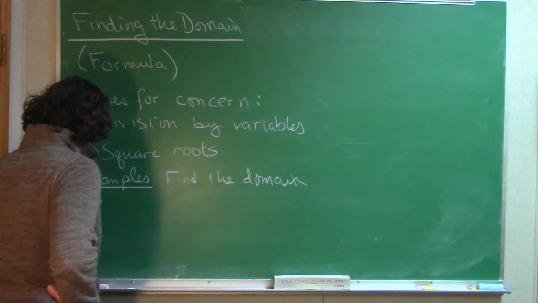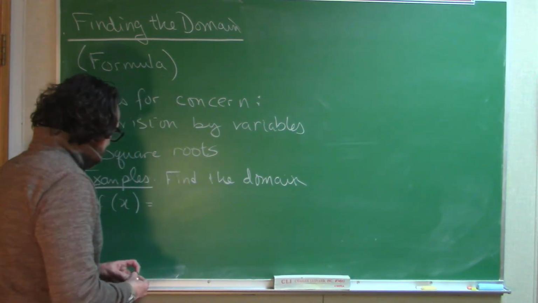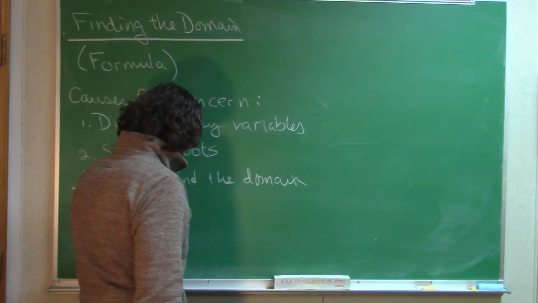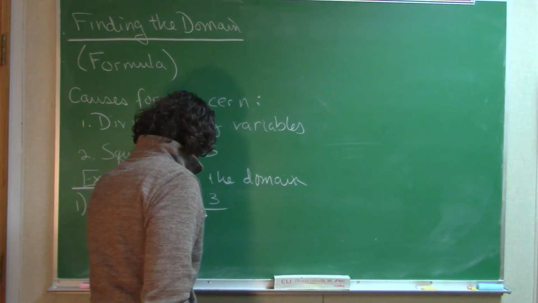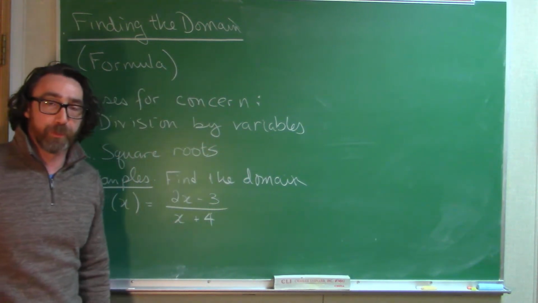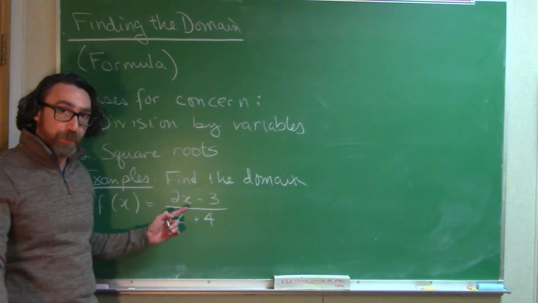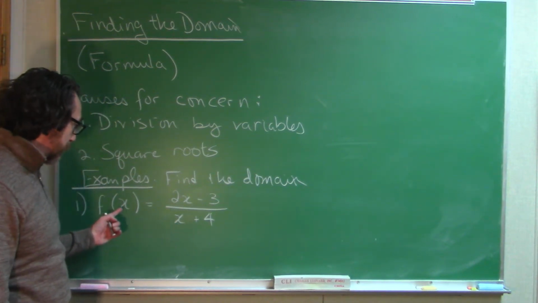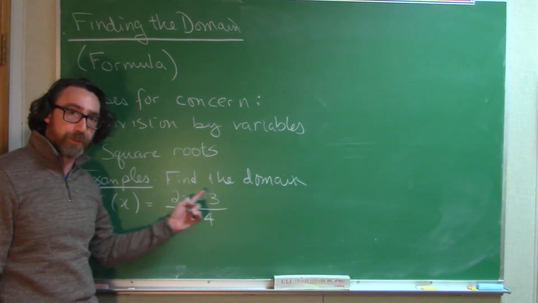Number one, let's do f of x equals 2x minus 3 over x plus 4. We have discussed function notation in a previous video. Remember, x is the input, so this is instructions for finding the output here on the right hand side.